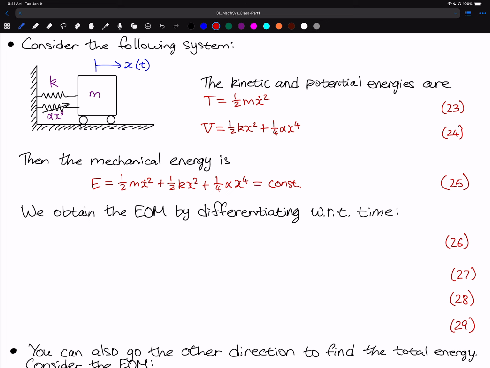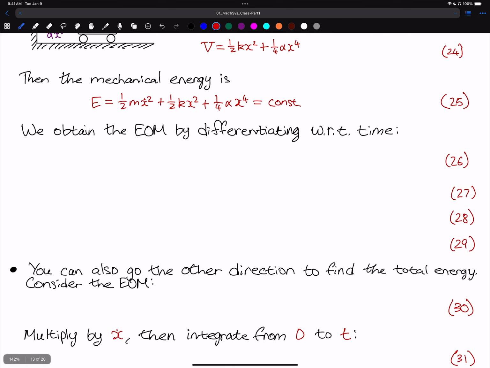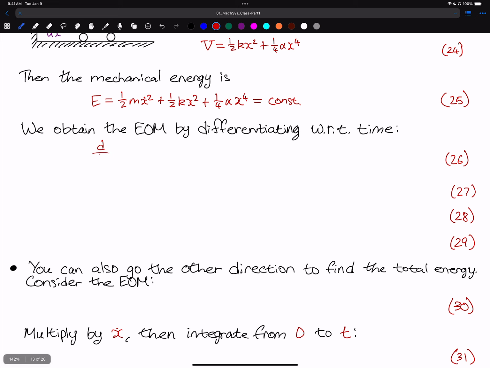We're going to obtain the equation of motion by differentiating the mechanical energy with respect to time. So, again, this is a constant, so we'll do d by dt of E is equal to d over dt of 1/2 mx dot squared plus 1/2 kx squared plus 1/4 alpha x to the 4th.